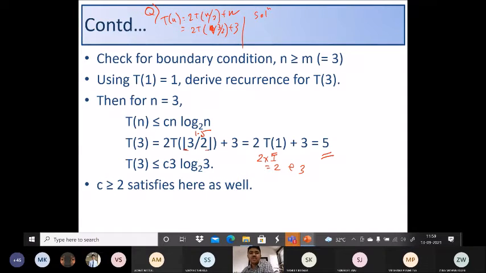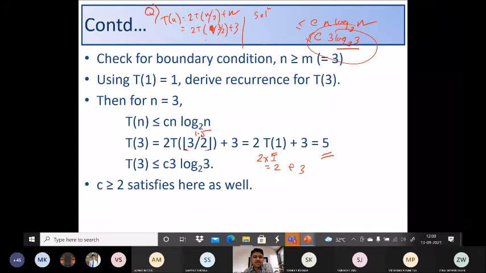Now from the solution, T(n) is less than or equal to Cn log 2n. So put n equal to 3: 3 log 2 of 3, less than or equal to. So it is okay, right? It will give you a positive value.